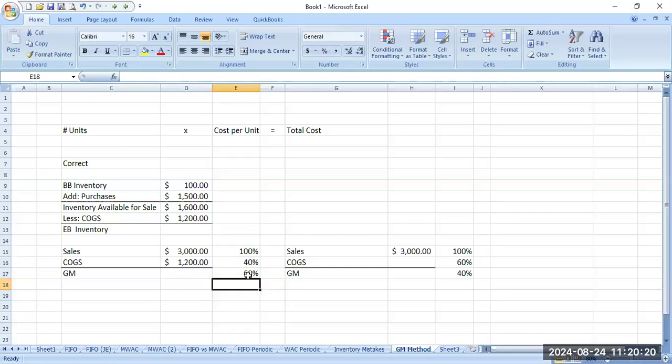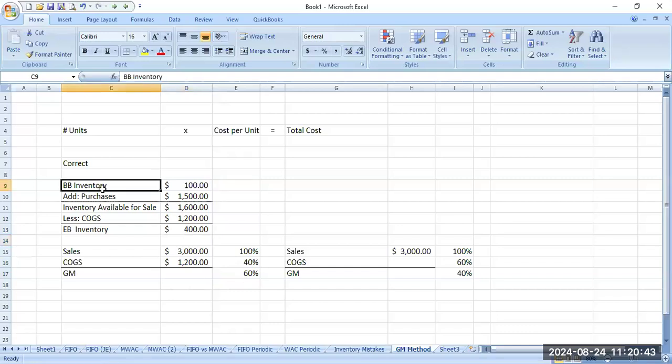If my gross margin is 60%, that means cost of goods sold are 40%. And my ending inventory will be equal to 1,600 minus 1,200. That's going to be 400, my ending inventory. That's how you can use the gross margin percentage method.